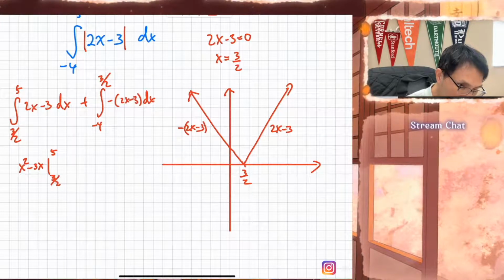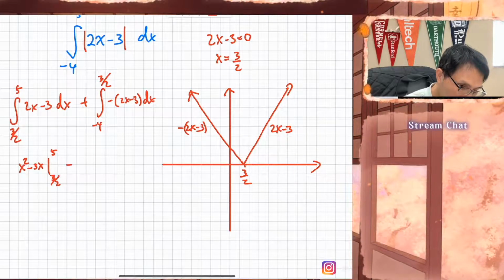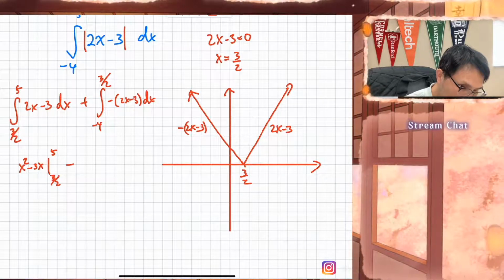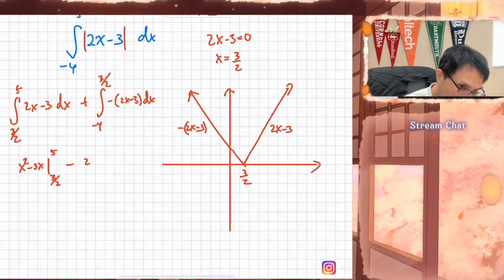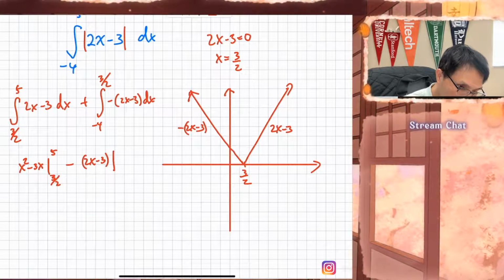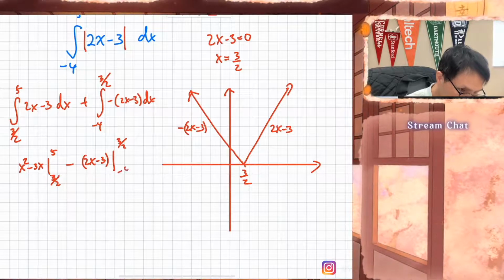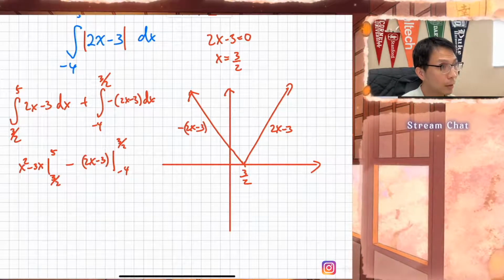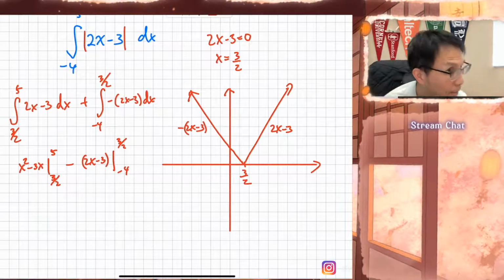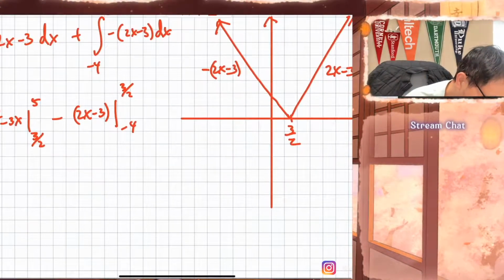And I'm just going to take it out, so it'll be a minus sign instead of a plus sign, of 2x minus 3 from 3/2 to -4. Does that make sense? And then I'll plug in.